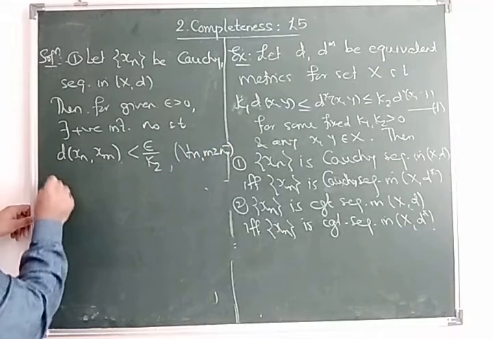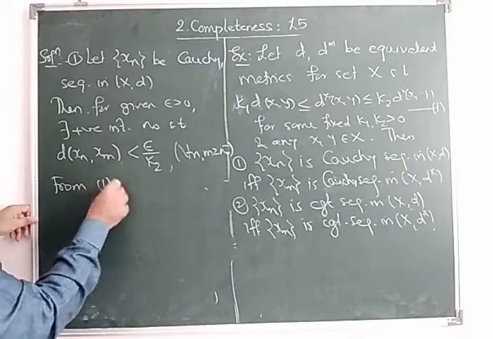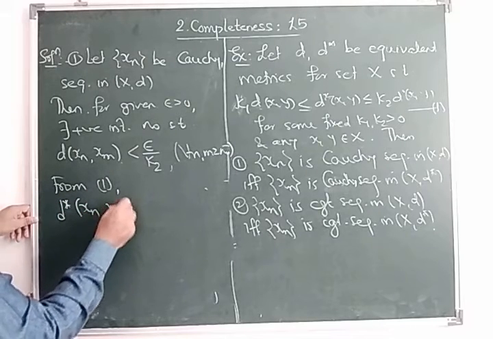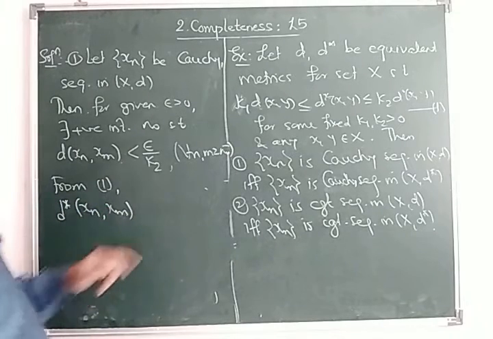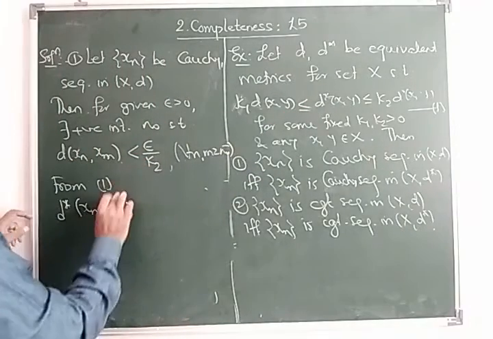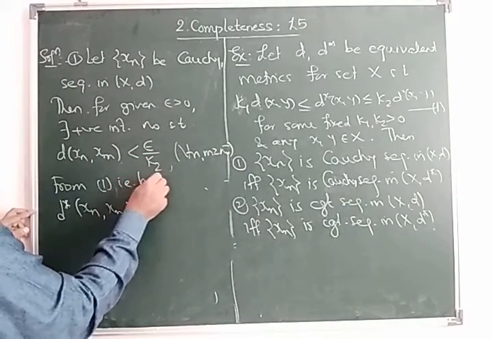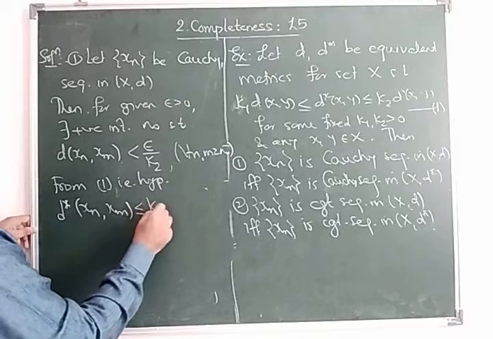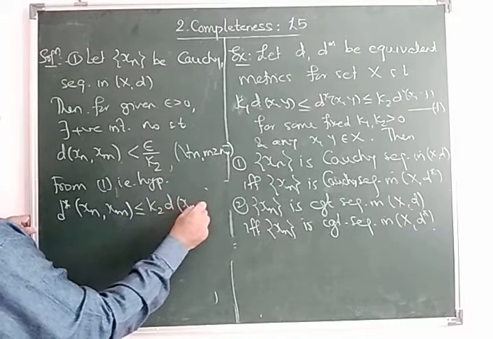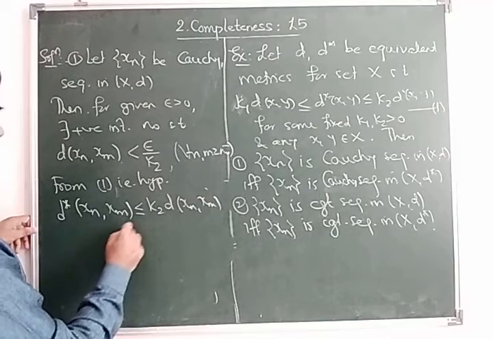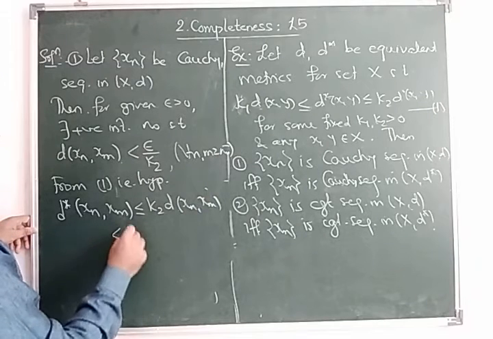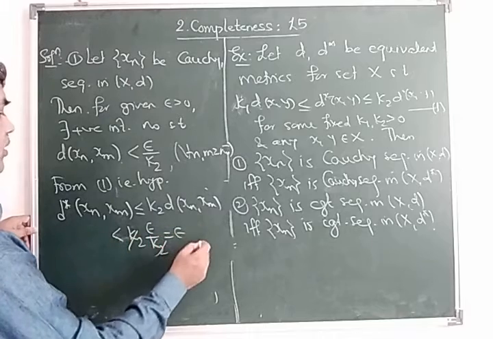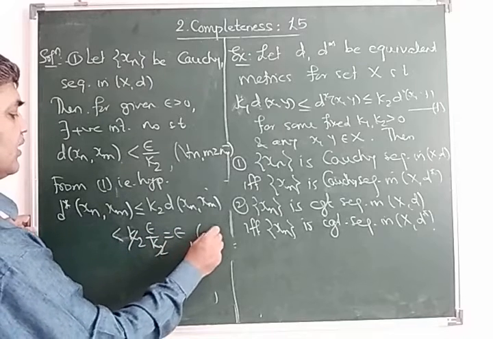From 1, that is the hypothesis, d star of xn xm is less equal k2 times d of xn xm. This must be less than k2 into epsilon by k2, which is equal to epsilon, for any n, m greater or equal n naught.